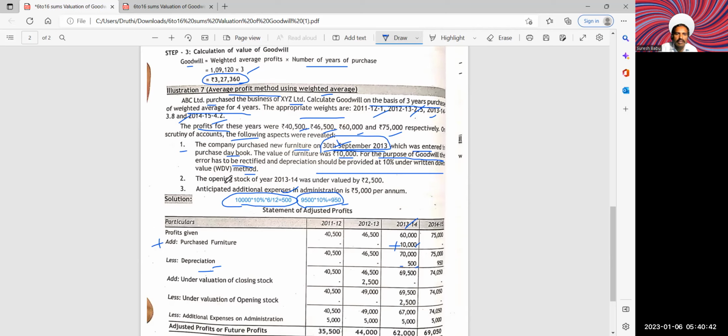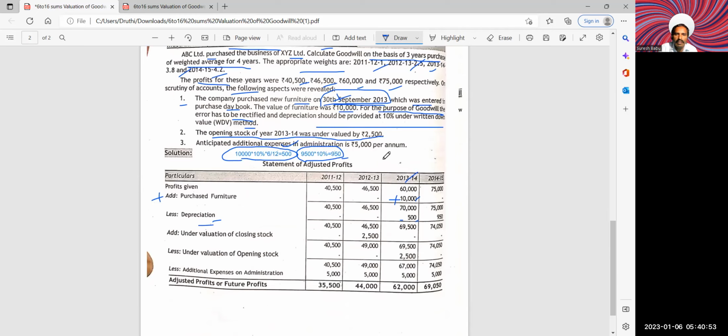Try to understand. The opening stock of the year 2013-14 was undervalued by 2,500 rupees. In 2013-14, undervalued, what is done? Less. It is to be subtracted, because this is opening stock.